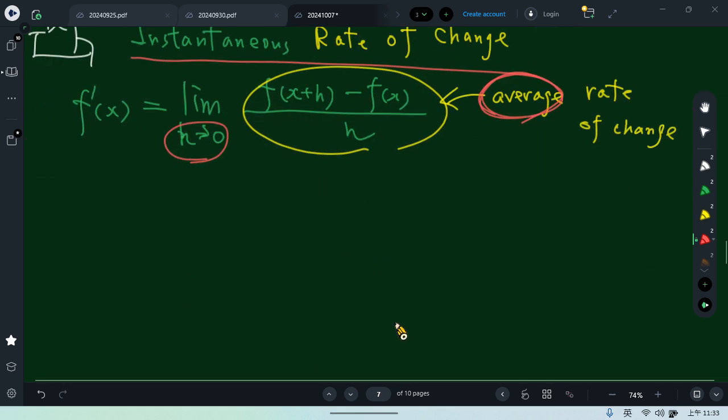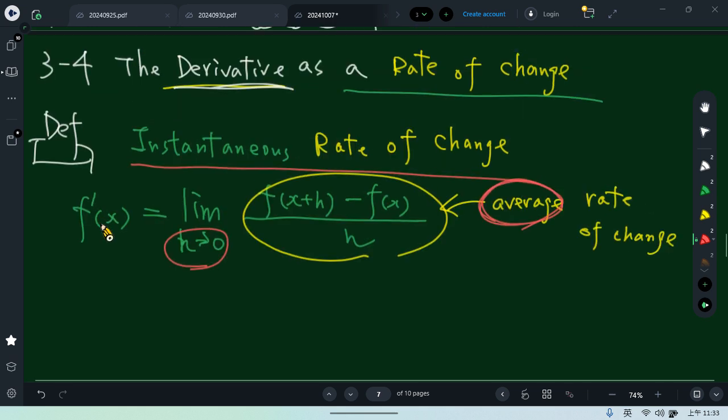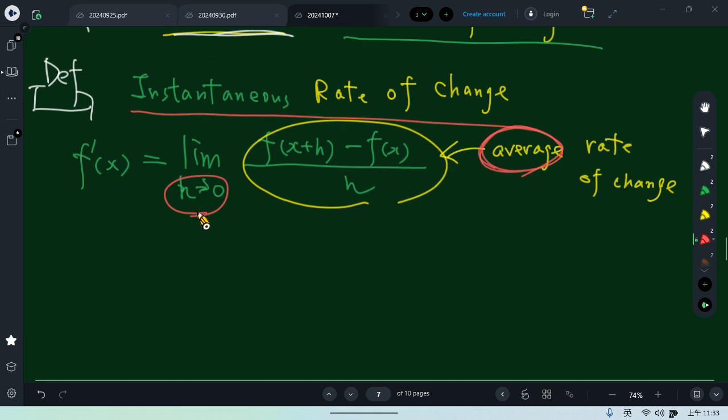But at that time, we just focused on the function being defined in terms of t, time, right? T means time. But the function is not always defined in terms of time. It can be in terms of another physical factor.